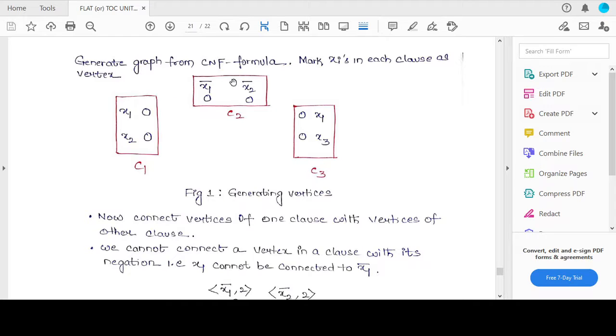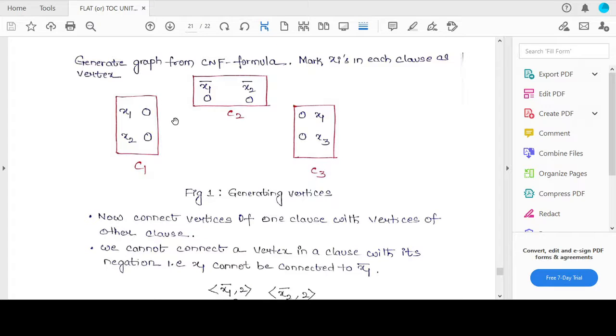Let me repeat the rules once again. The first rule is that every vertex in each class must be connected to every other vertex in every other class. Next, you cannot connect a vertex in one class with its negation in another class.